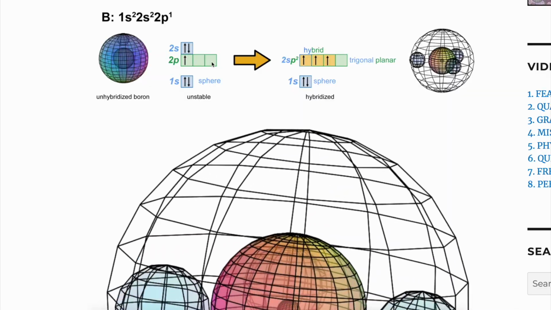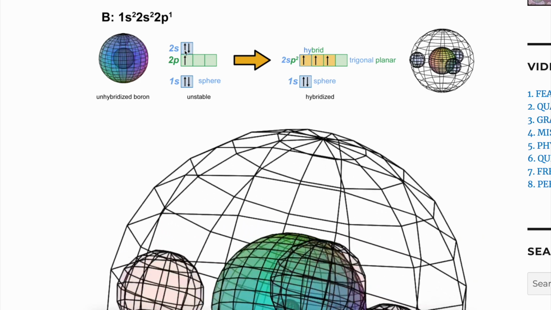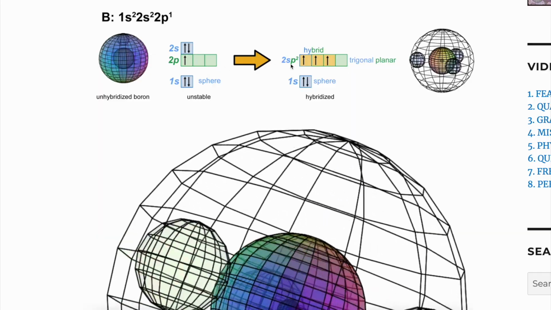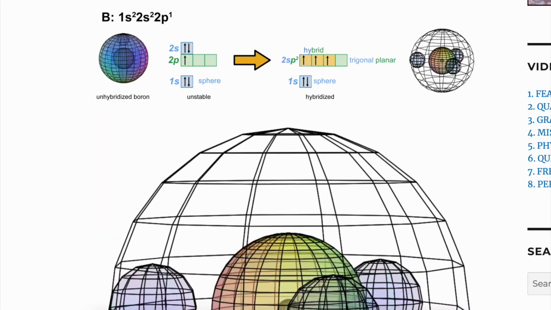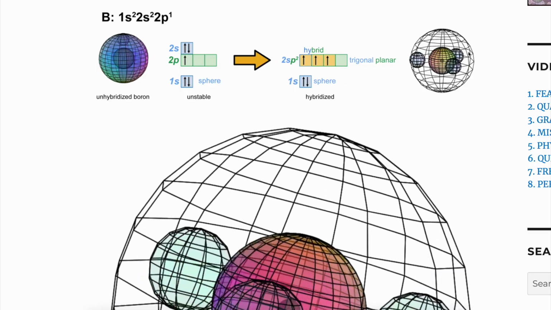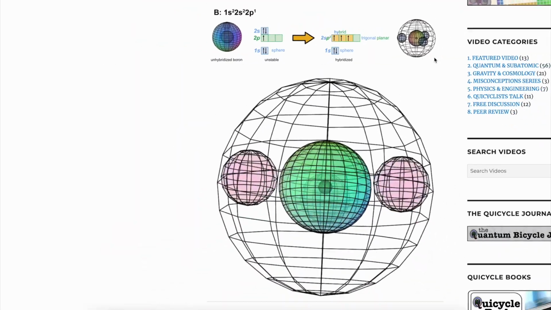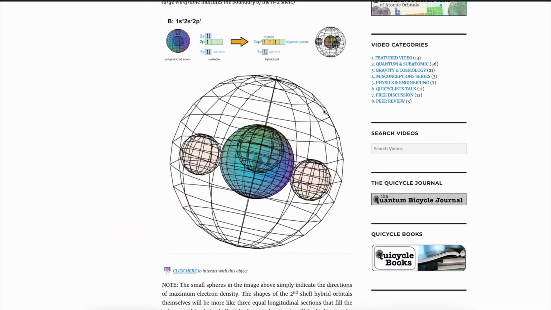Because this is asymmetrical, these 2 electrons will raise their energy slightly, this one will lower its energy slightly, and they will arrange themselves in a symmetrical way where the energy of the 3 electrons is now equivalent, and therefore they will make a symmetrical 3-directional form called trigonal planar in molecular geometry.